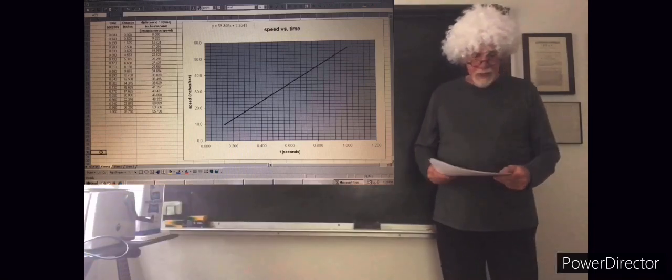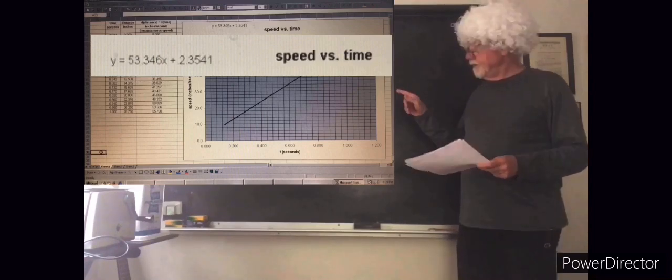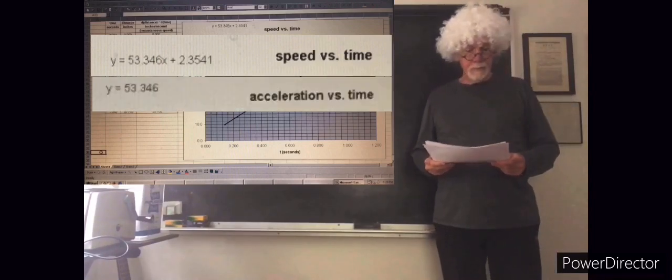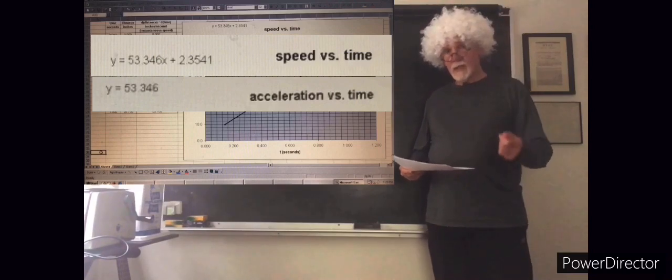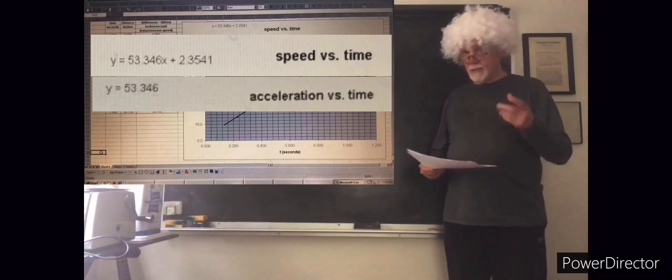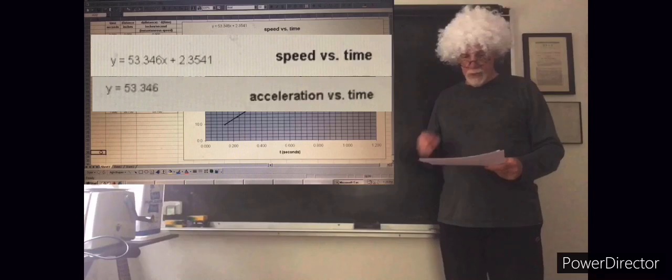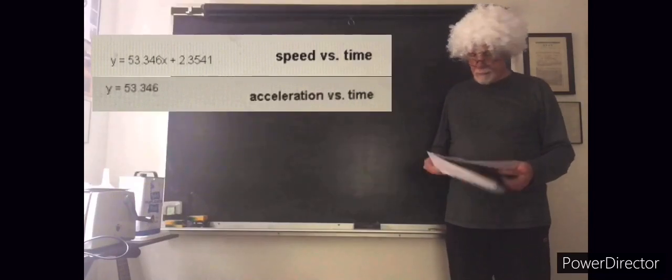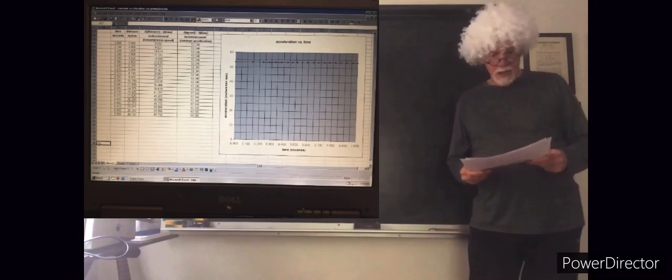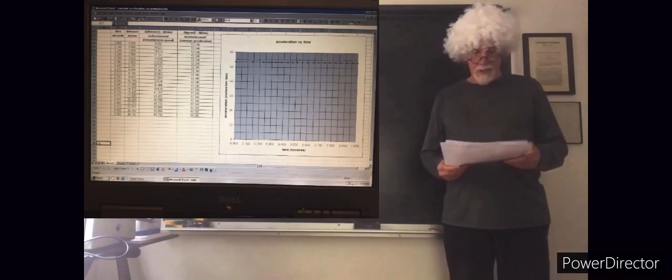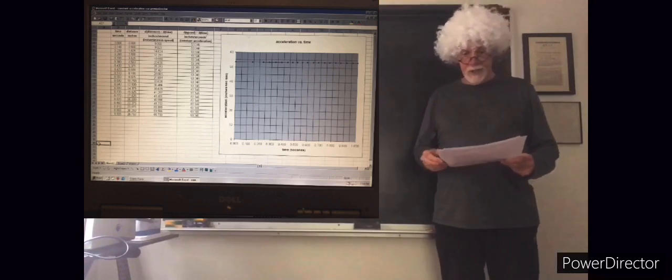And so if we take the first derivative, which is 53.346, that means that the truck traveled at constant acceleration. And this next plot is acceleration versus time. And you can see that it's a constant.